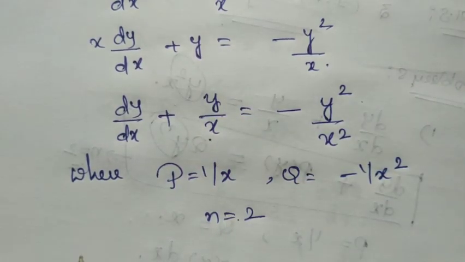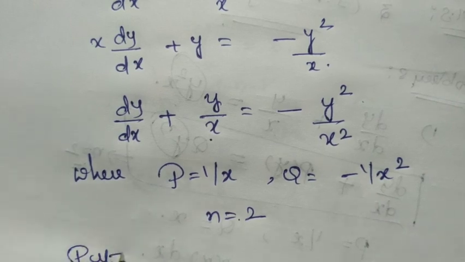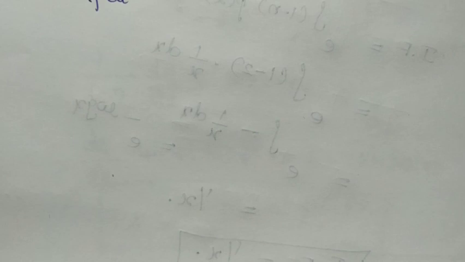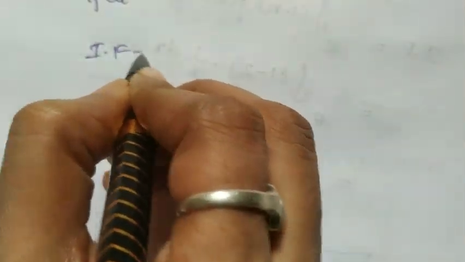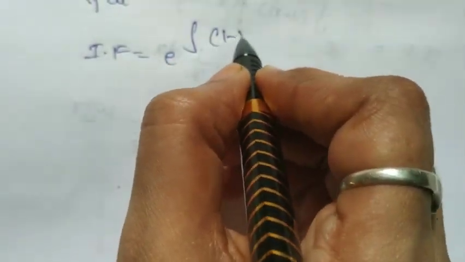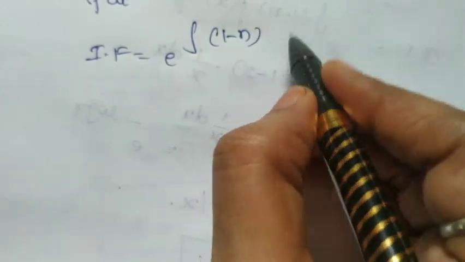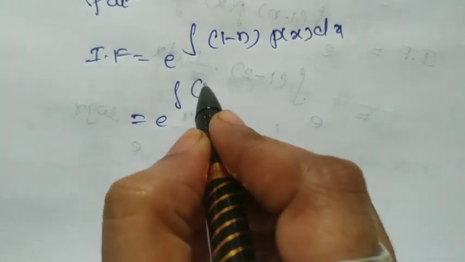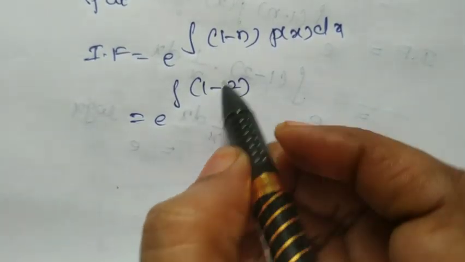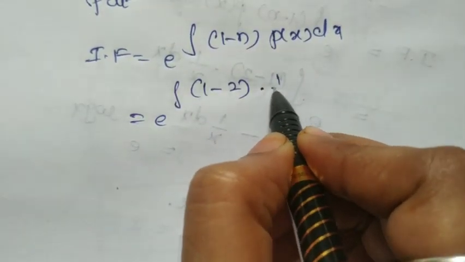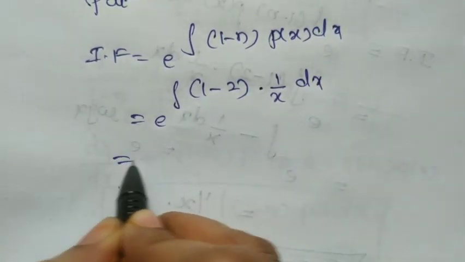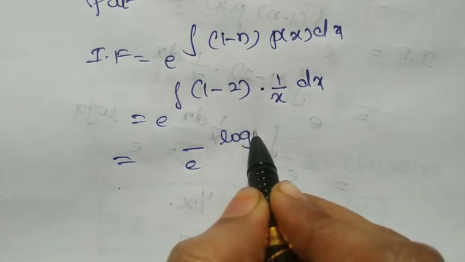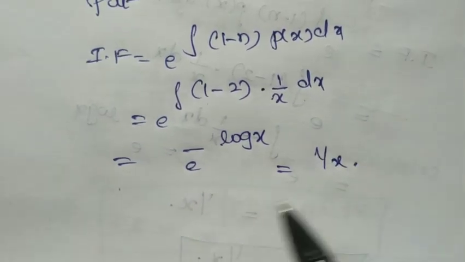So by case 2, what is the solution? Put integrating factor equal to e power integration of (1 minus n) into p of x dx. So e power integration of (1 minus 2), n value is 2, and p of x value 1 by x dx. So e power minus integration of 1 by x is log x, that is equal to 1 by x.